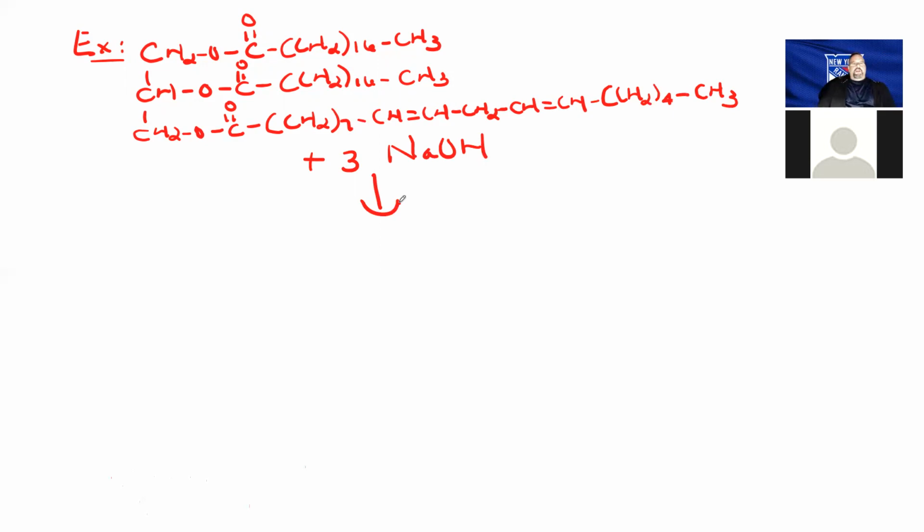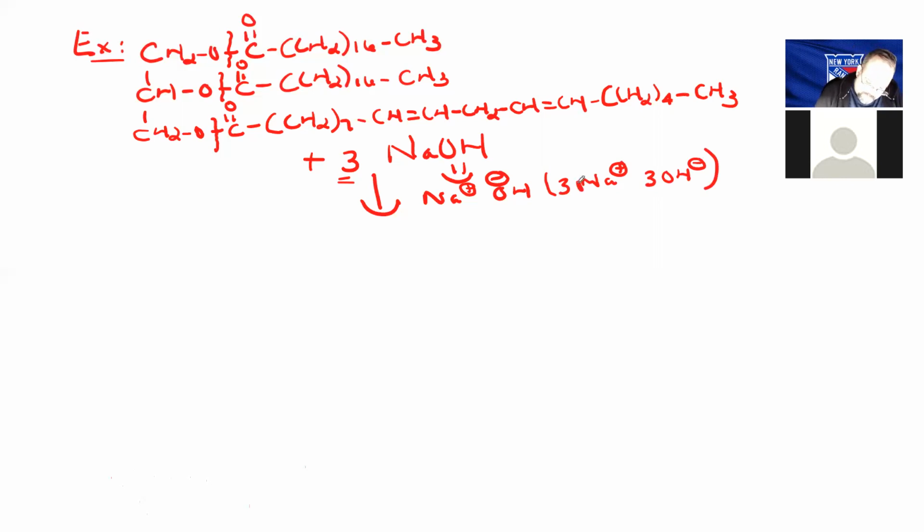Okay. So a couple things as we get the reaction going. First off, where's the triacylglycerol going to split apart? The triacylglycerol is going to split apart between the C double bond O carbons and the glycerol oxygens. And then the other thing is that we're not going to think about the NaOHs as NaOH. We're going to think about them as Na plus and OH minus. And again, because we're using 3 equivalents, there's going to be 3 Na pluses and 3 OH minuses present.